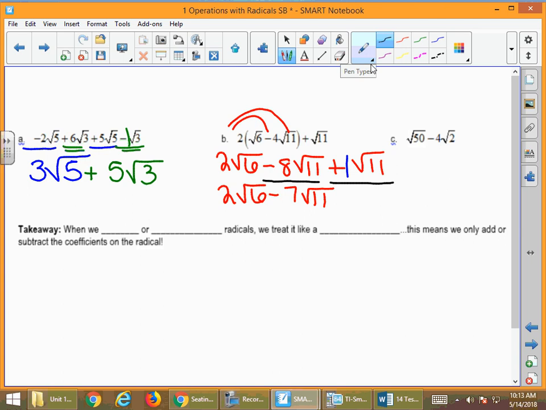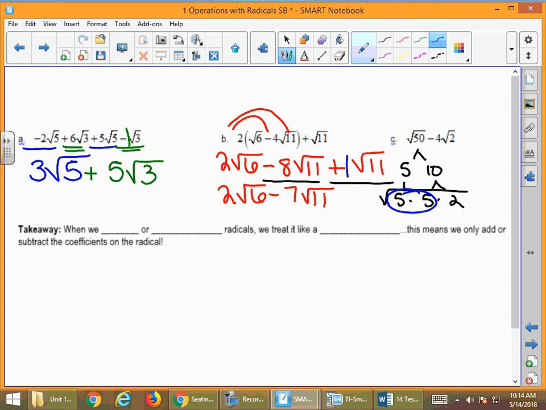Lastly, here on letter C, we need to simplify the square root of 50. We're going to make our factor tree, and I'm going to pick 5 times 10. You could have picked 25 times 2. It doesn't make any difference. 10 breaks down into 5 times 2. And in fact, what we're looking for is 2 of the same value to take out 1.